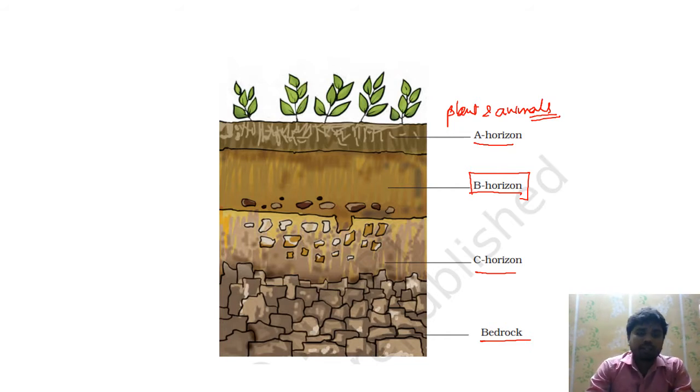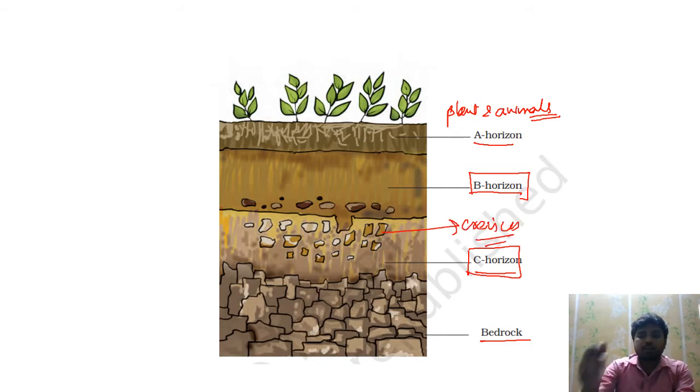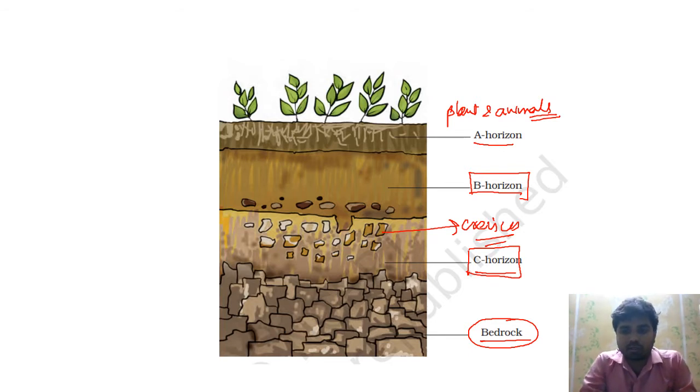In the C horizon we can see many crevices, so that water can percolate inside the bedrock. And the last layer is a hard stony layer, the bedrock, which is harder than all these three horizons. So all these horizons have their own characteristics.